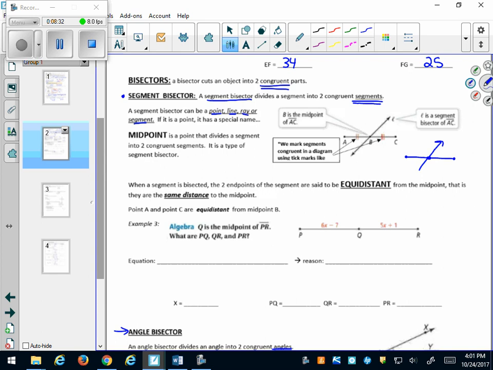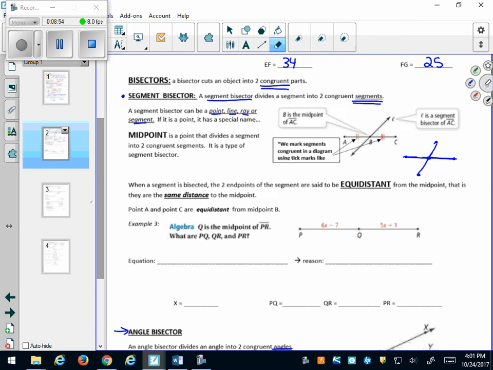I could cut it in half by putting a whole line through it. I could cut it in half just by putting another segment through it. So all of those ways are ways to cut a segment in half. They're all called segment bisectors.